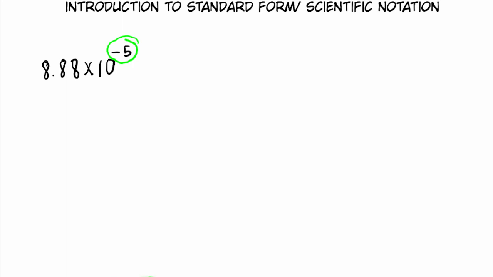And if our N value is negative, we'll move our decimal point N places to the left. 8.88. Let's move our decimal point 5 places to the left. 1, 2, 3, 4, 5.